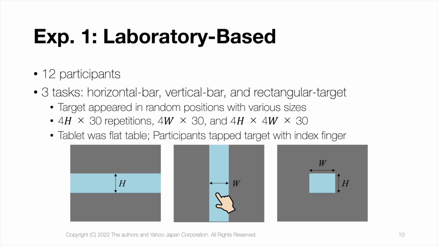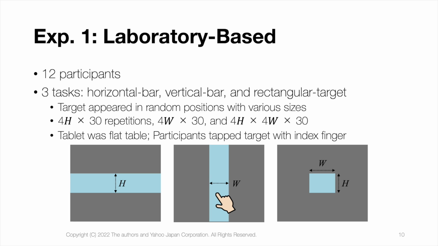First, we conducted a laboratory-based experiment. 12 participants joined the experiment. The participants conducted 3 tapping tasks: horizontal bar, vertical bar, and rectangular target tasks. In the tasks, the target appeared in random positions with various sizes.